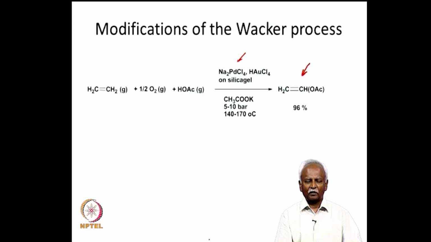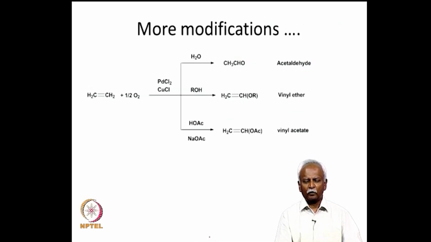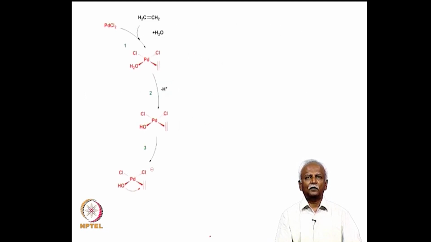So, these reactions are still used on an industrial scale to generate vinyl acetate, and you can also generate vinyl ether if you do the reaction in the presence of ROH. So, essentially there is the addition of a nucleophile, RO minus or OAc minus, to this double bond, and it is instructive to see the mechanism of this reaction, which has been studied in great detail.